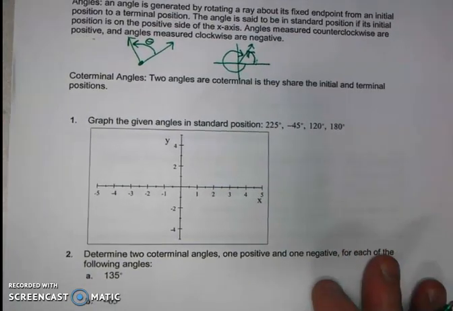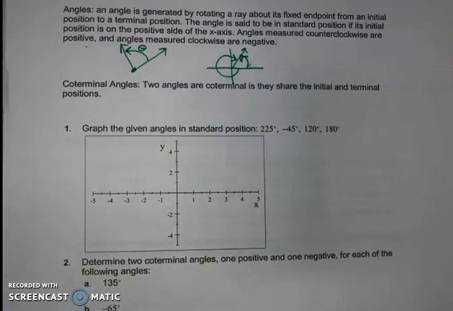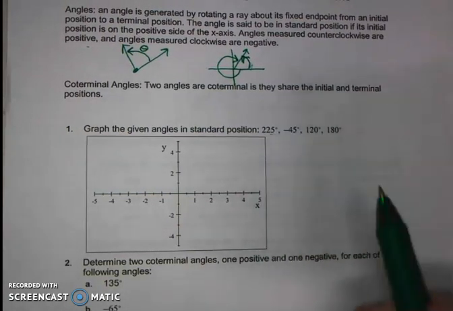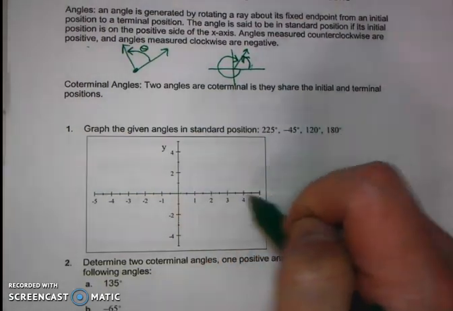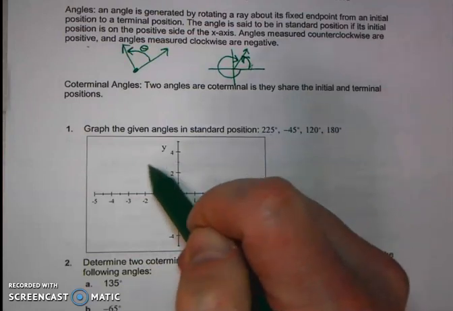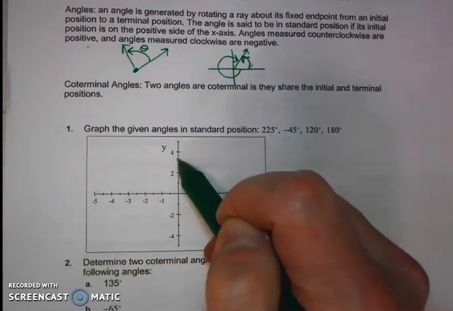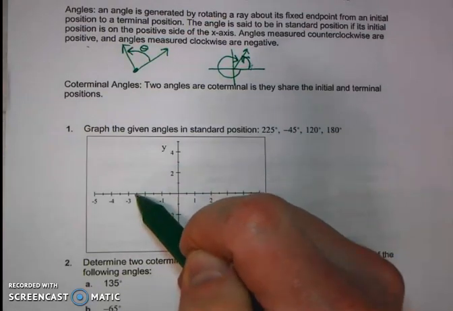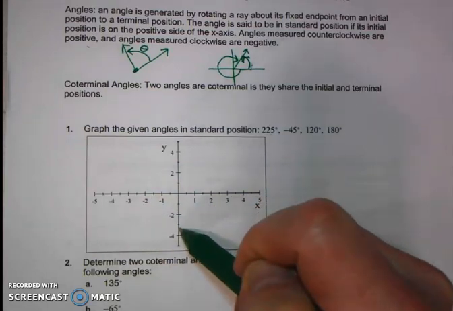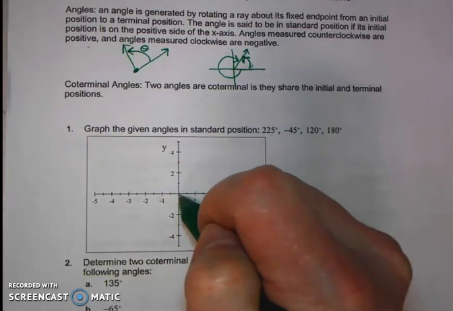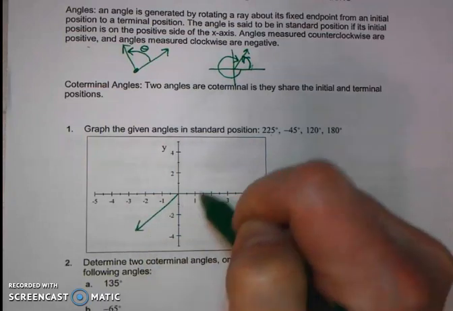All right, so it says, graph the angles in standard position. So 225 degrees. So we start here, positive, so we're going this way. So this would be 90, this would be 180, this would be 270, so we've gone too far. 225 is in between.